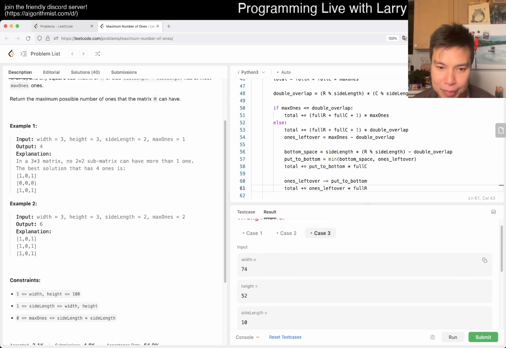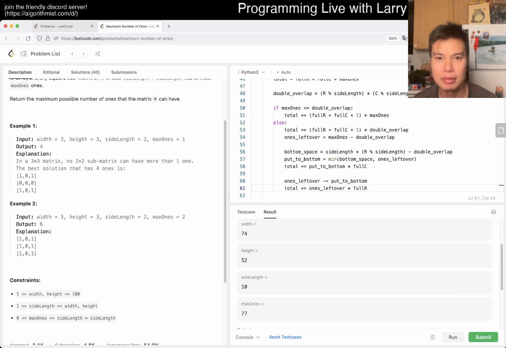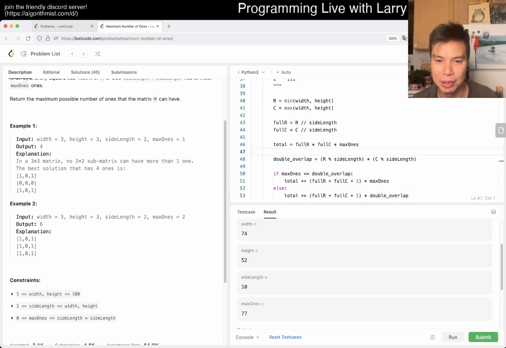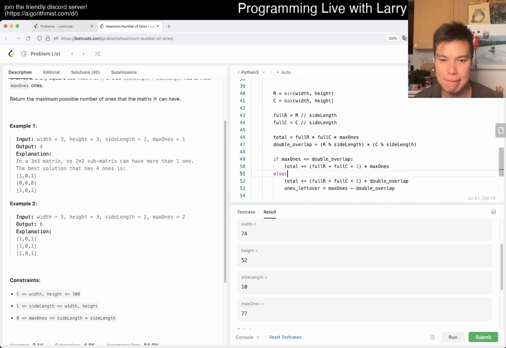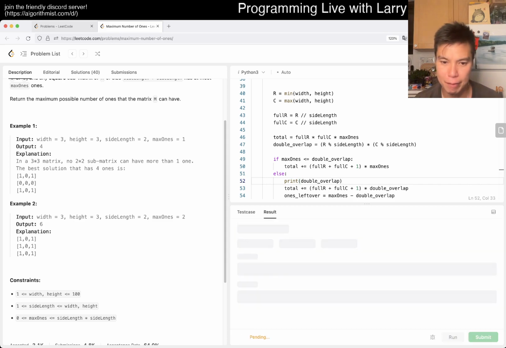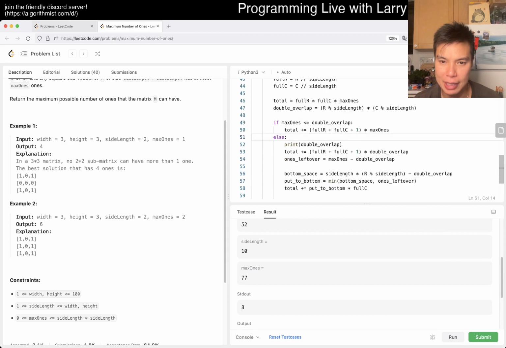Okay. Yeah. I guess we just have to print a bunch of stuff. So double overlap is 8.